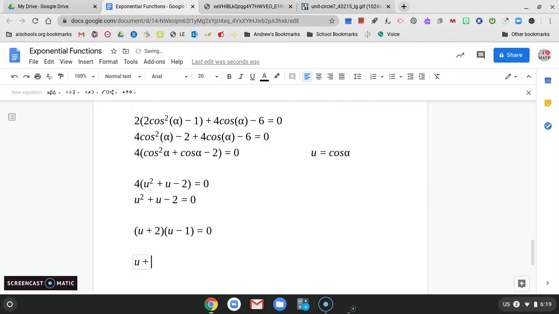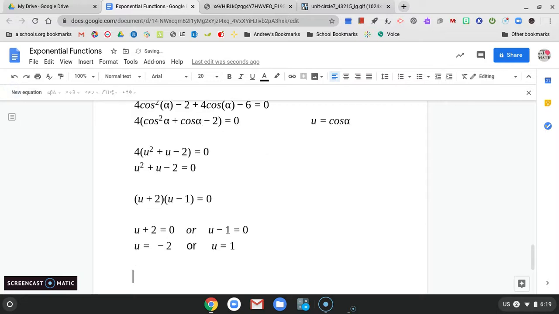If that's true, then either u equals negative 2 or u equals 1. I'm going to go back to that picture of a unit circle.